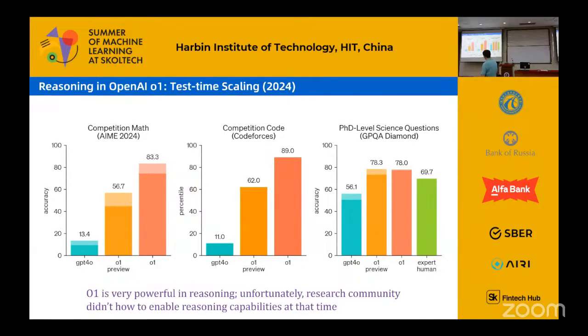It seems that there is no help from reasoning here, at least. You mean the central one, the competition code, and we see that there is no gain from reasoning? Yeah, indeed. So this is GPT-4o, which is not a reasoning model. So I think it's a huge improvement for the reasoning model, right? But for other models, we have a gain, as far as I understand.